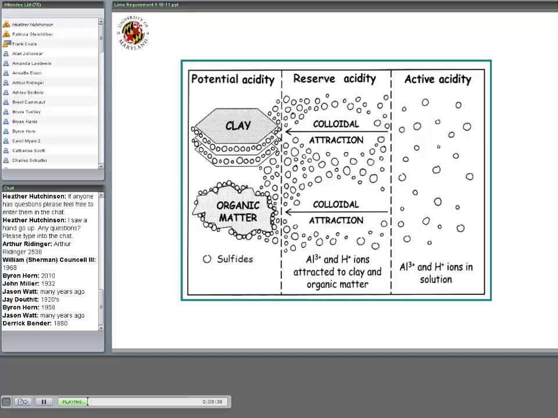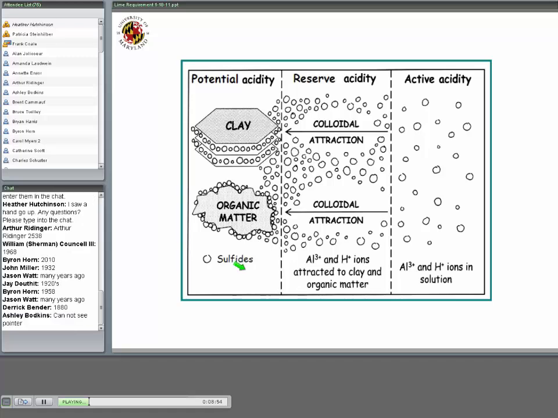This refers to sulfides. And if sulfides are exposed in the near-surface environment in the aerated zone of a soil, they actually oxidize and produce acidity. Now, normally in a typical situation, we don't have any sulfides, but we do have situations where material from below the water table is drug up to the soil surface and perhaps vegetated.